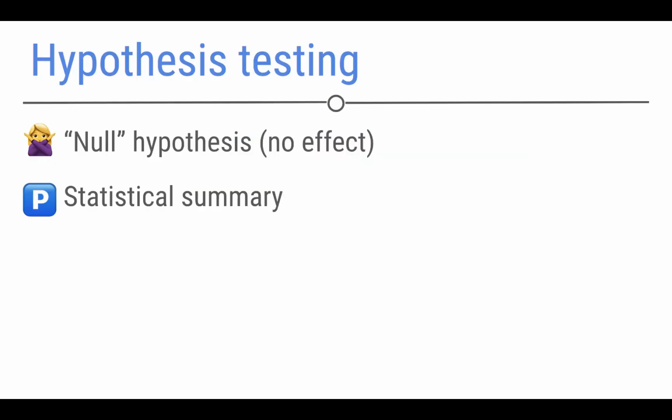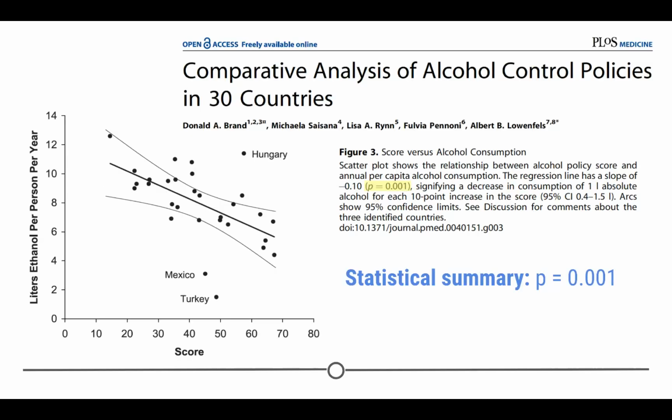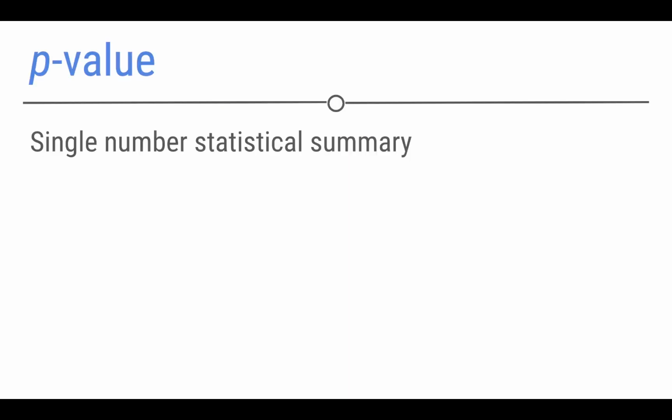And in order to evaluate that null hypothesis, a statistical summary known as a p-value is often calculated. You can find this in the medical literature, often denoted as p equals something. So in the case of the alcohol control policies, the reported p-value is 0.001. We're going to come back to this at the end, but that's what it is in this particular study.